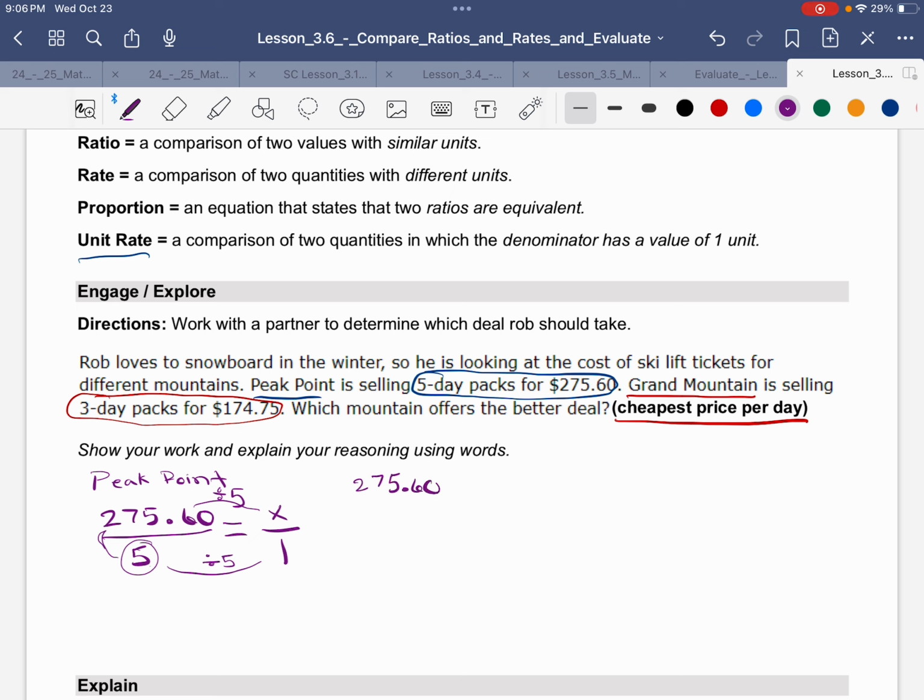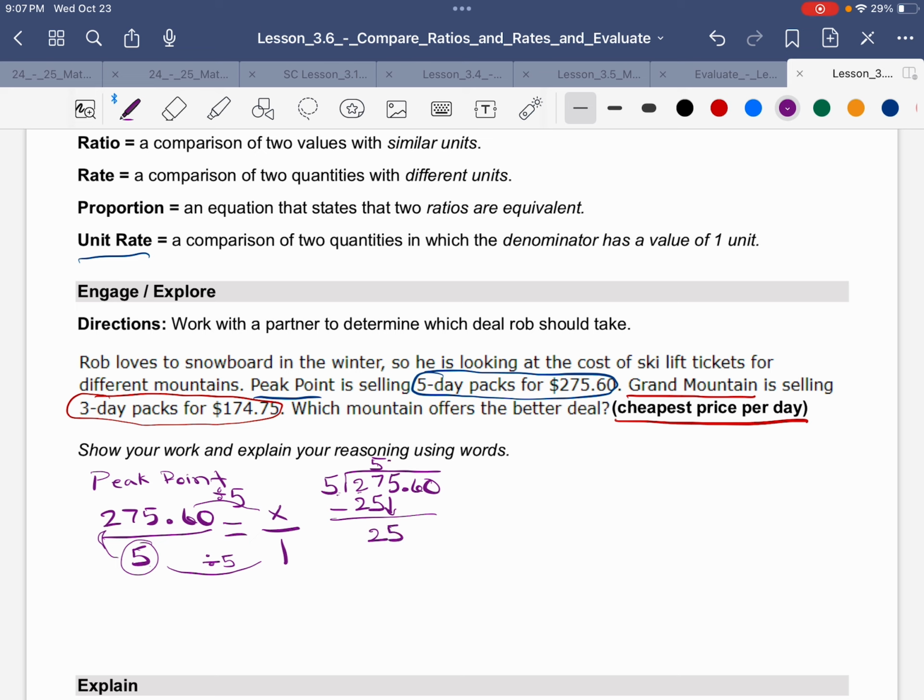275.60 divided by 5. So let's work that out. Our 275, we can't do anything with the 2. We can't make a group of 5 with 2. Here we go. We can make this group though. 25, 2, bring your 5 down.